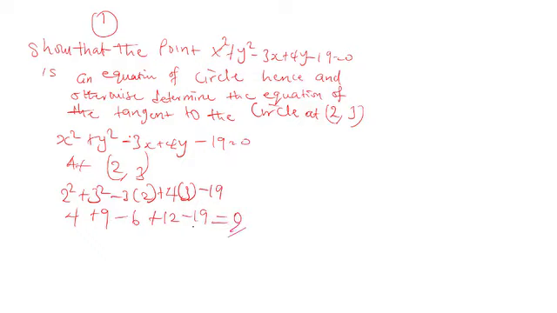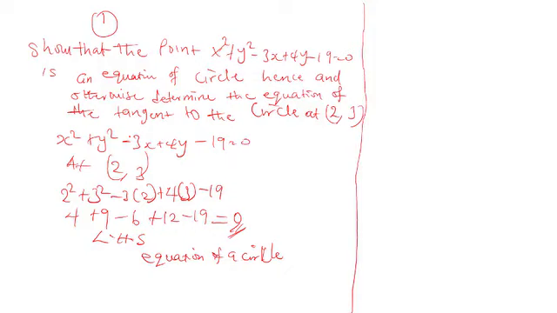Since the left hand side of this equation has given us 0, then automatically this is an equation of a circle. We've confirmed that first of all it's an equation of a circle.